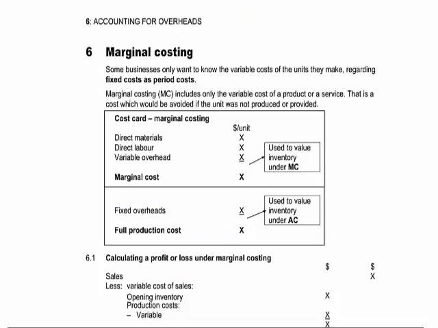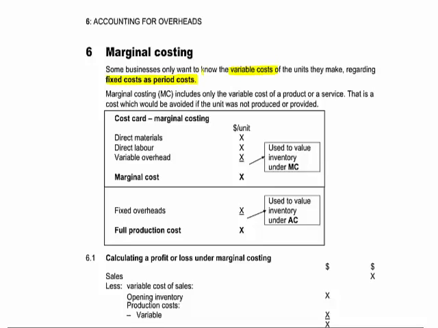With absorption costing, we were looking at the full cost of making a unit. But in the introduction, I said that we had an alternative, which was marginal costing. And for some businesses, it's appropriate to just know the variable costs of the units that are being produced, because the fixed costs, for example, rent and rates, are actually period costs.